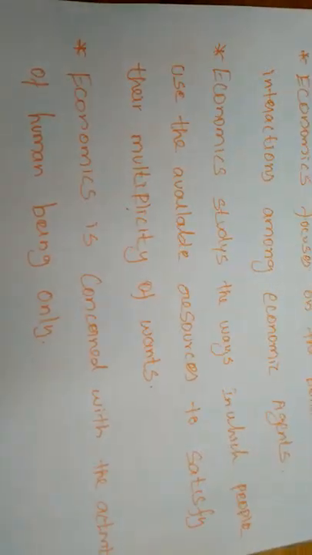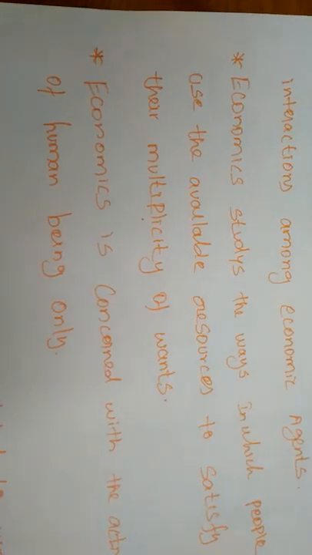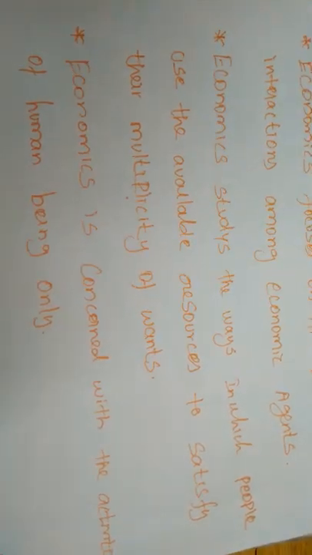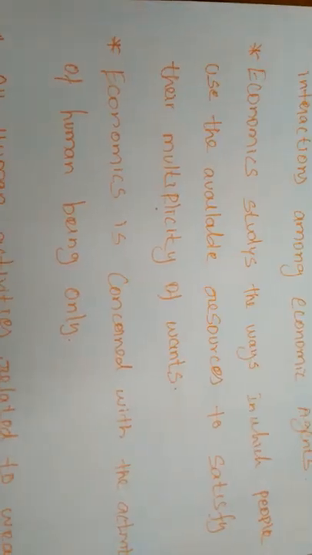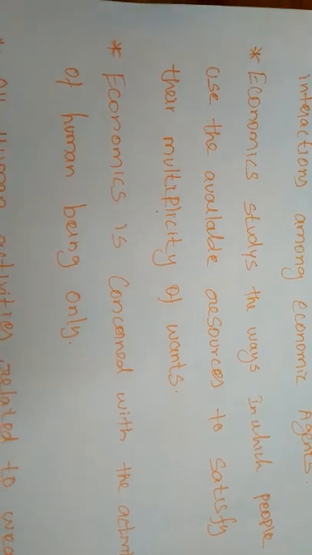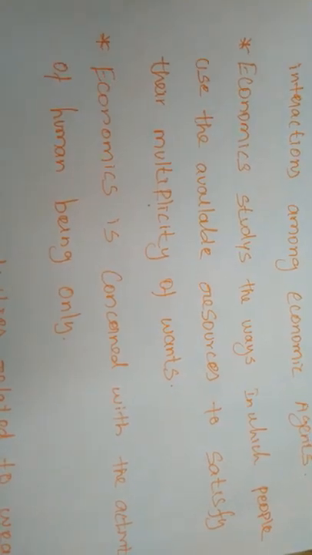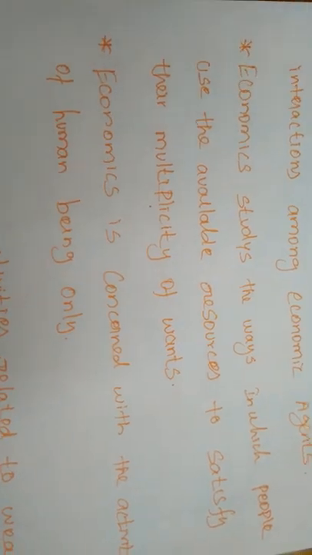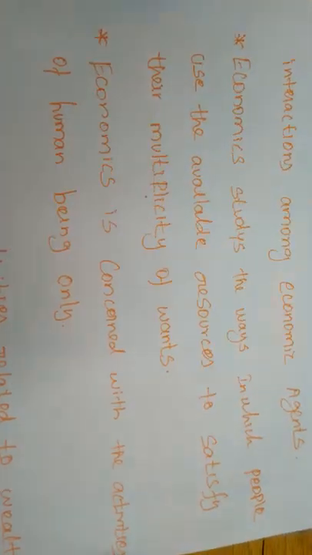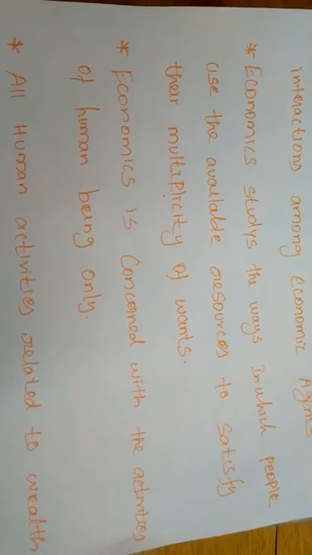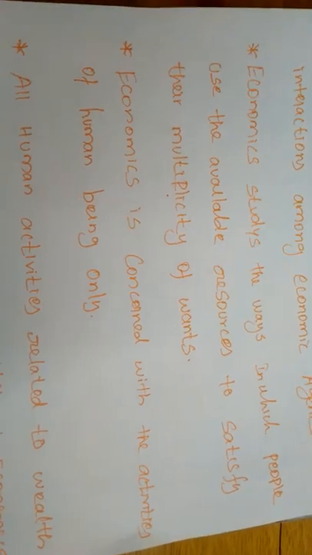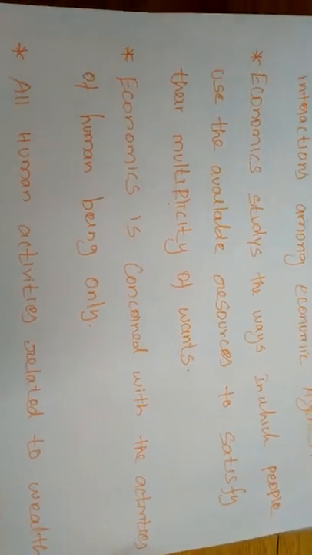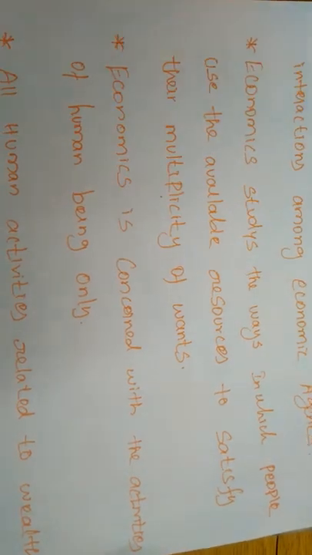If demand is high, if unlimited human wants are there and all people want to consume more, we have to increase the supply of commodities. If we are not able to increase the supply, human wants must be reduced. But in normal days, reducing human wants is not possible, because all people want to consume all types of commodities. No one will be ready to give up their wants. So we have to increase the supply of commodities. That is the proper point.